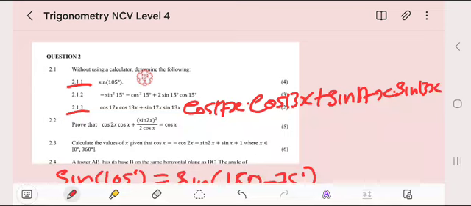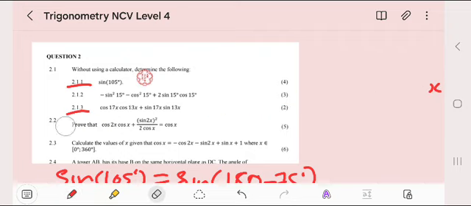Without me writing this, it's just a waste of time even to write this. This is pretty straightforward, it's a basic one. You see, we have 17x and also 13x, so it's simply just a compound angle.